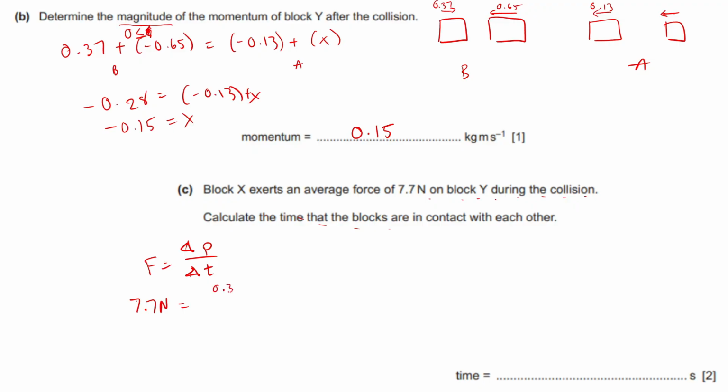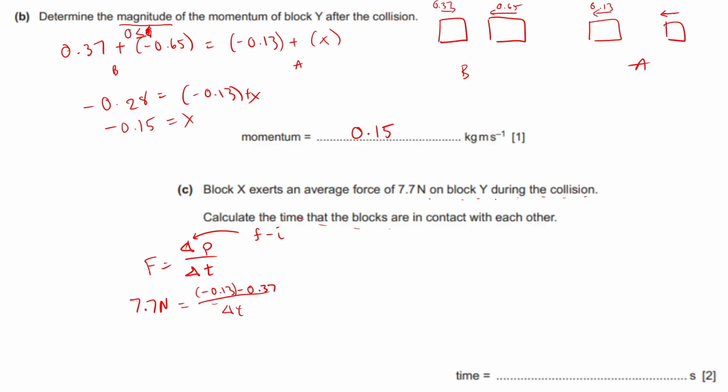And then our change in momentum is going to be negative 0.13 minus 0.37. The reason why we do it in this order is because in terms of change, you always want to subtract the final value first.